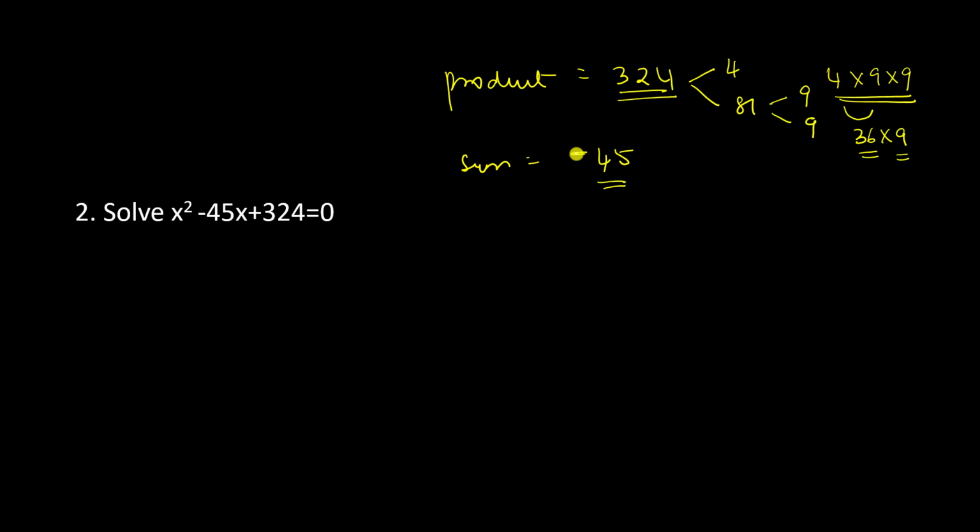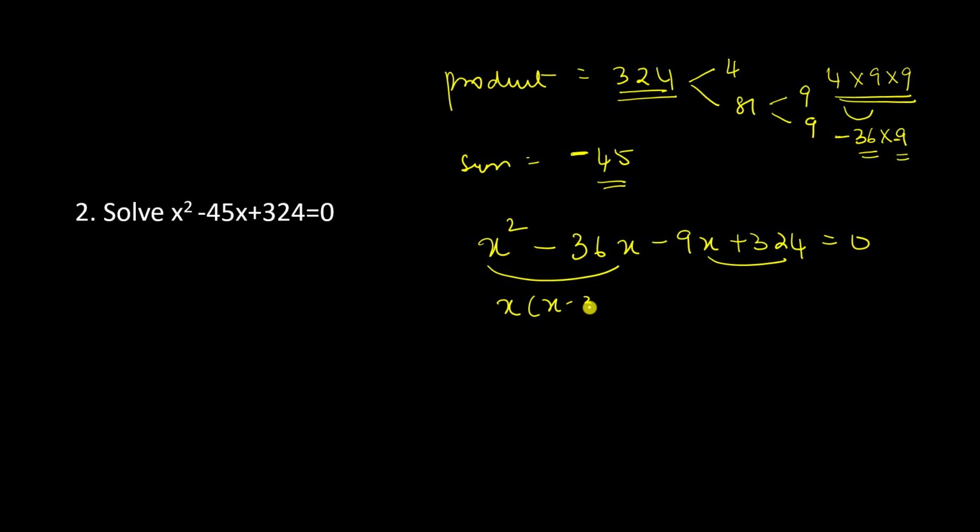However, we are having a minus 45 here, which means that I should consider 324 as minus 36 times minus 9. Here we get that the quadratic equation can be rewritten as x square minus 36x minus 9x plus 324 is equal to 0. Here when you factorize, you get x times x minus 36 minus 9 times x minus 36 is equal to 0.